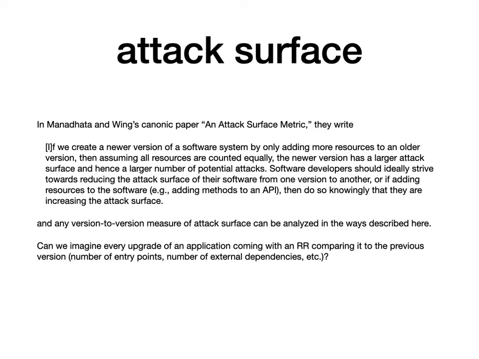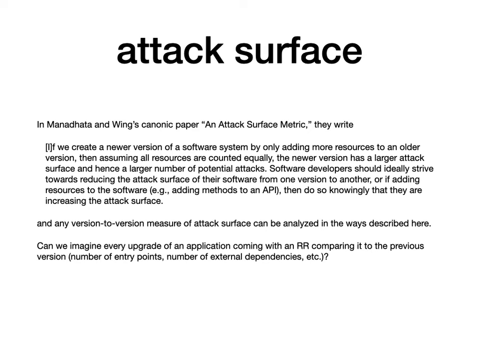Mathematically and Wing published what I consider to be the canonic paper on the question of attack surface. And their title was An Attack Surface Metric. You can look it up, it's well worth reading. They write, I'm going to quote this: if we create a newer version of a software system by only adding more resources to an older version, then assuming all resources are counted equally, the newer version has a larger attack surface, and hence a larger number of potential attacks.